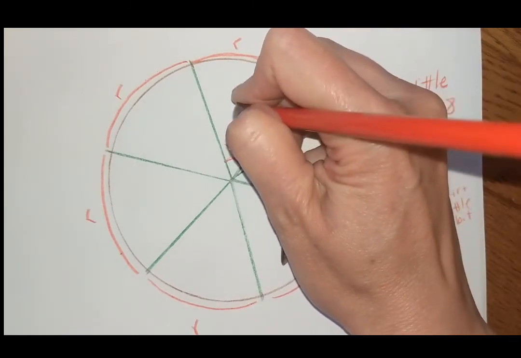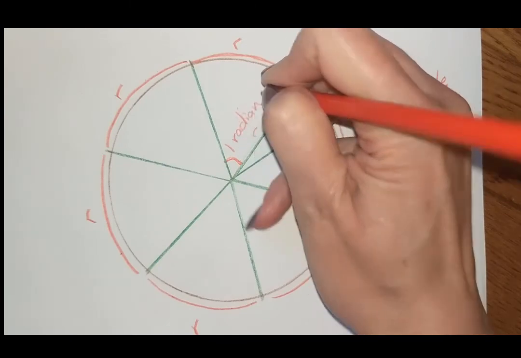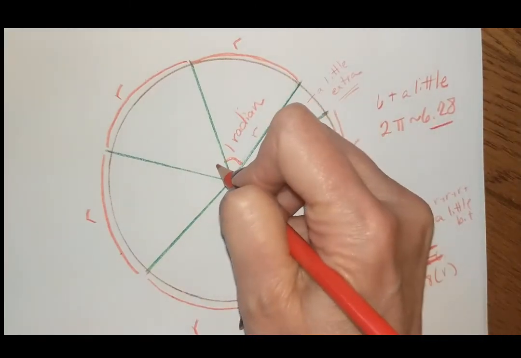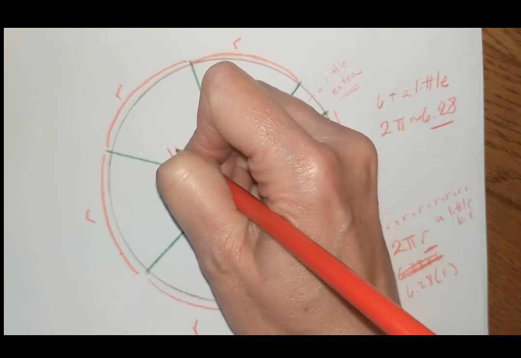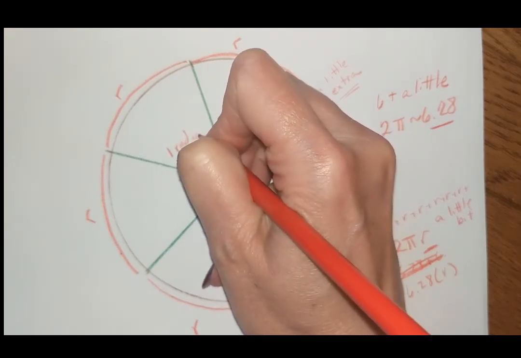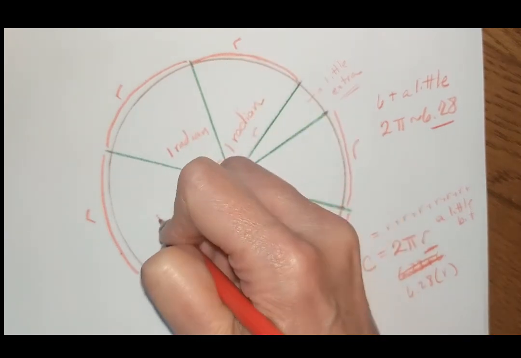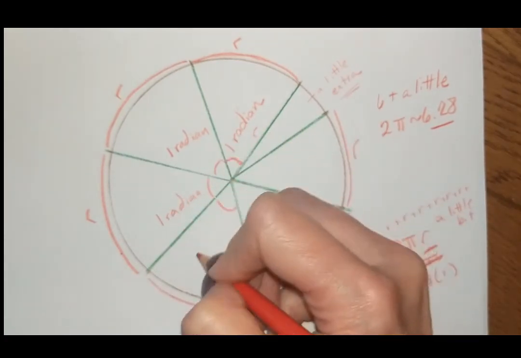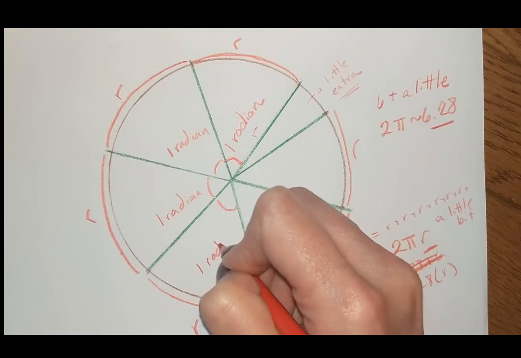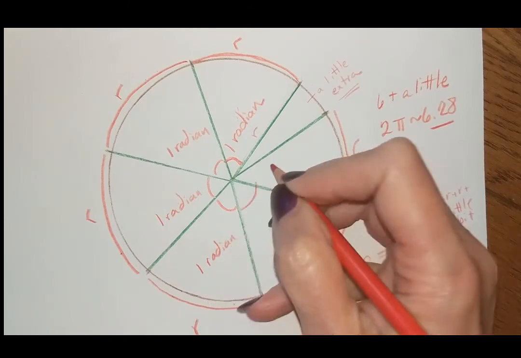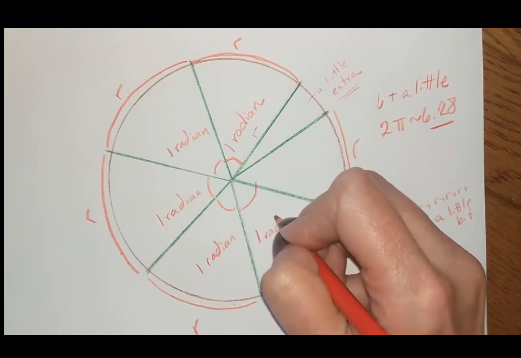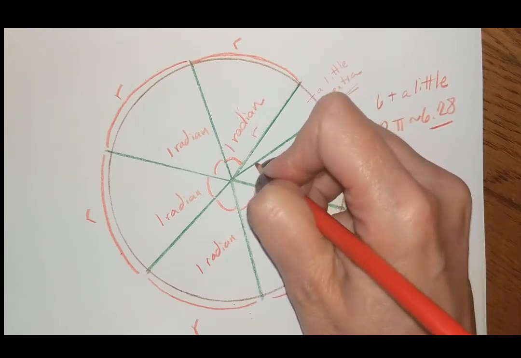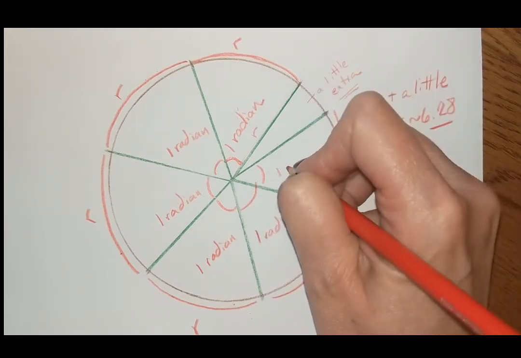This is 1 radian. This is 1 radian. This is 1 radian. And if all those are 6, the little extra point would be 0.28 whatever radians, because those are my 6 radians, and then I have 0.28.